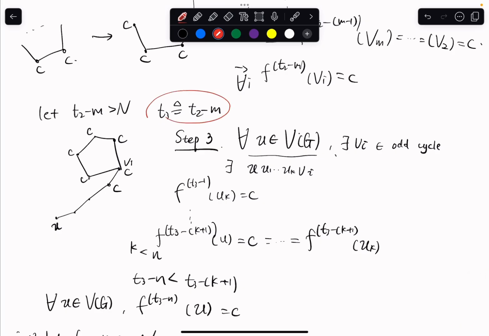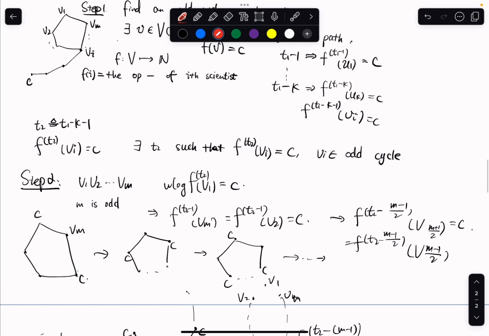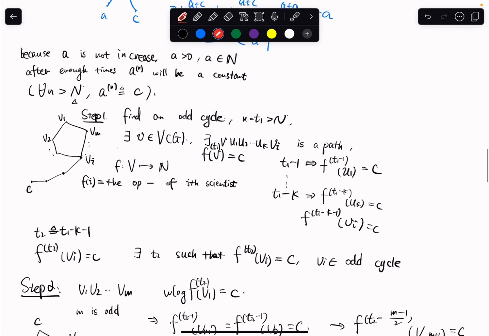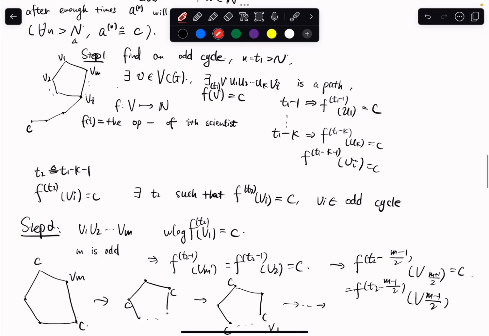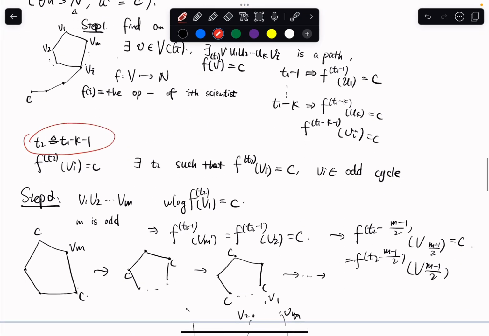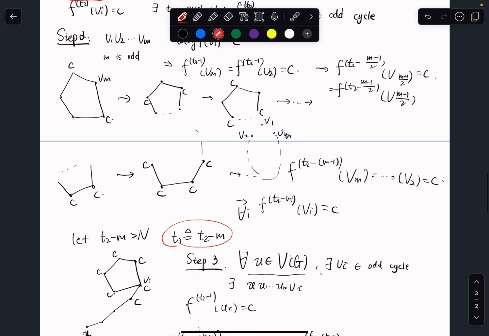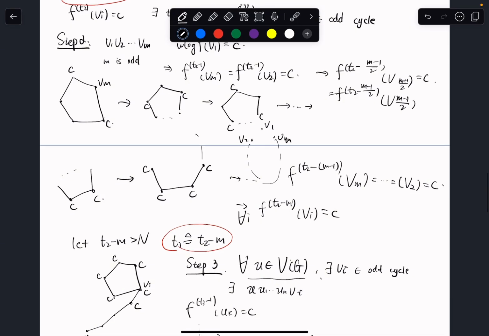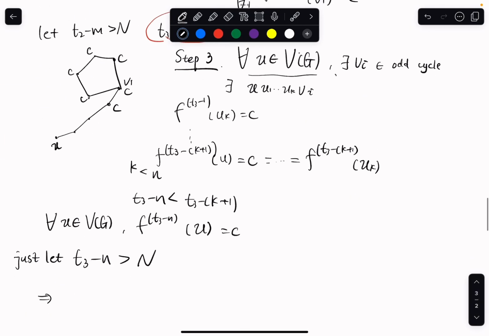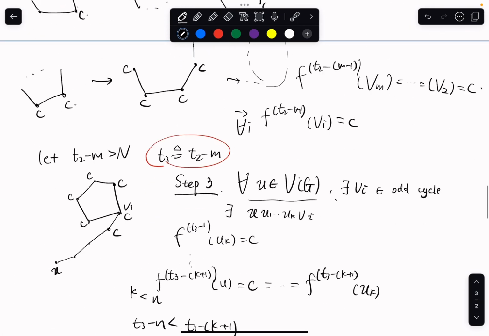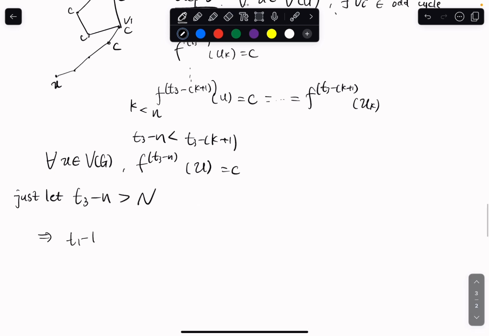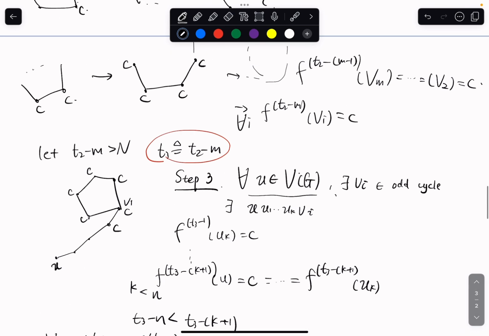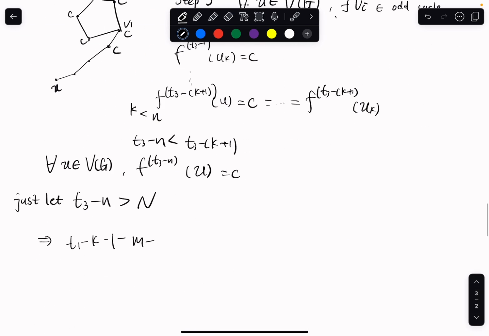Here, wait. Where's t1? Here. So you just need to let t2, t1 minus k minus 1, t1 minus k minus 1 minus m minus n be greater than.